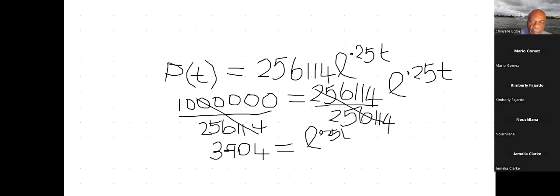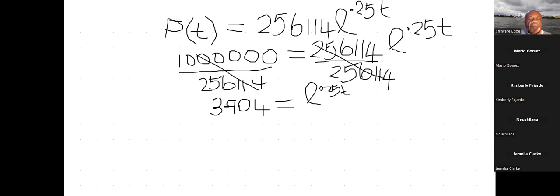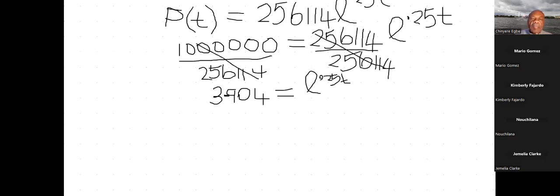t. All right. So now, again, we have the exponent here, but mathematically, if you take the log of each side, the log of e is 1. So if you take the log of e to the power 0.25t, you're going to get 0.25t, okay?